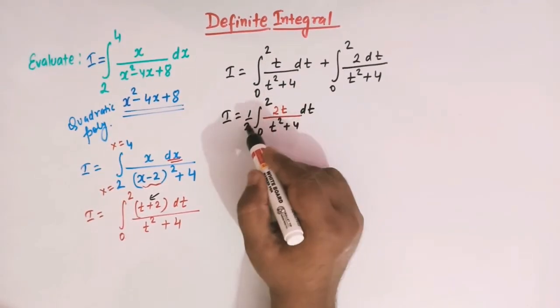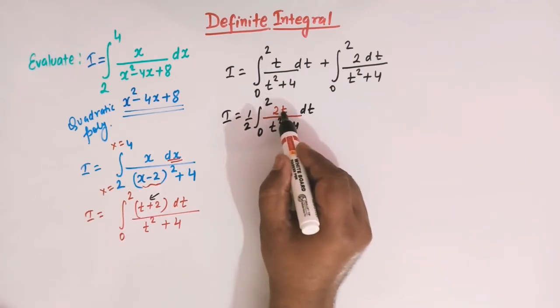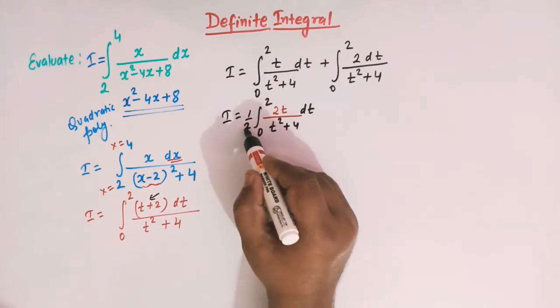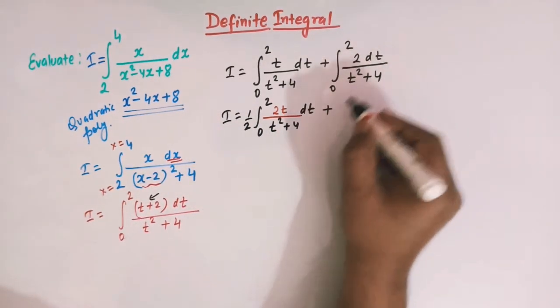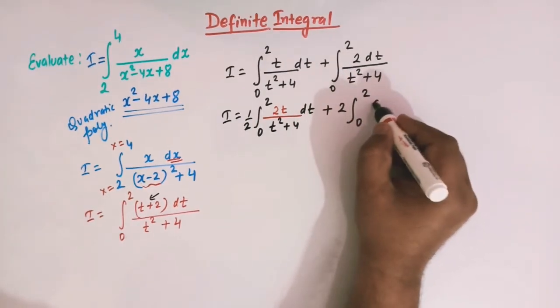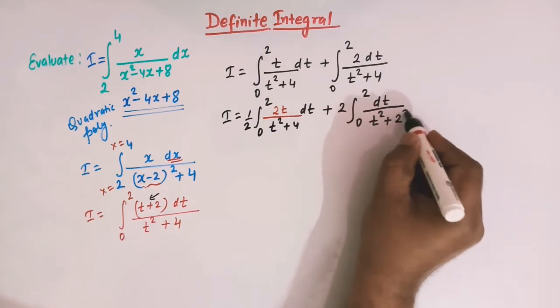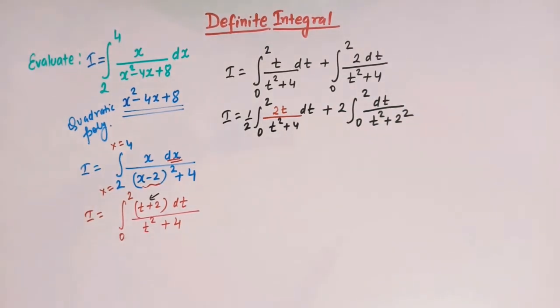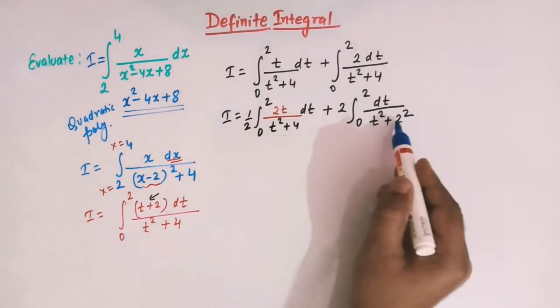We have a special purpose to multiply t by 2 and divide by 2. In the second, we can take 2 outside, so we have 0 to 2 dt over t square plus 2 square. Now we can easily evaluate these two integrals.